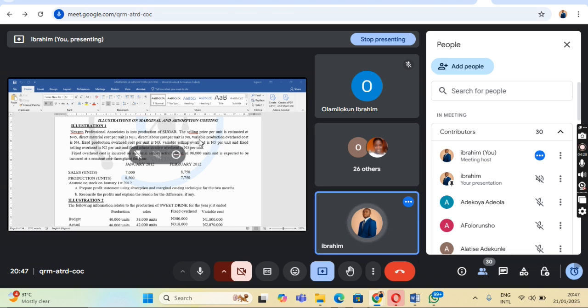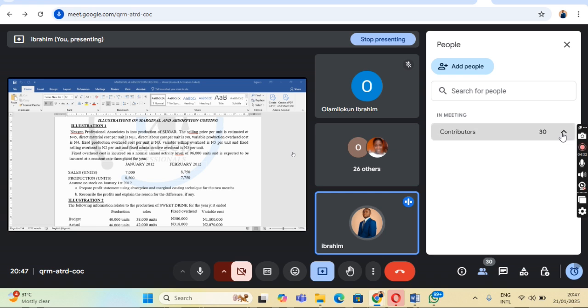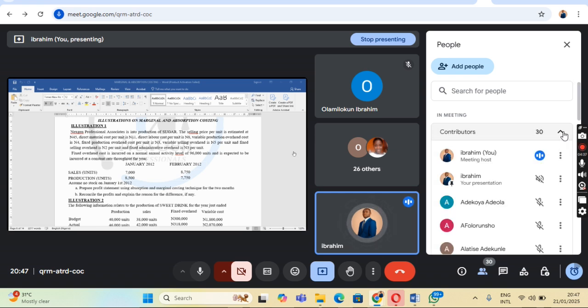Now, the direct labor cost per unit is 8 naira per unit.